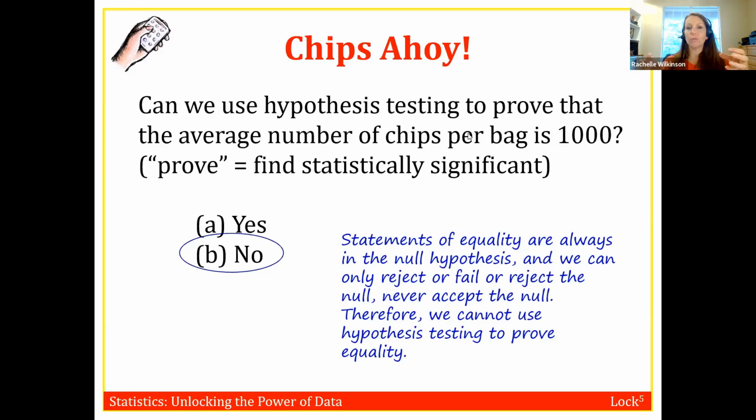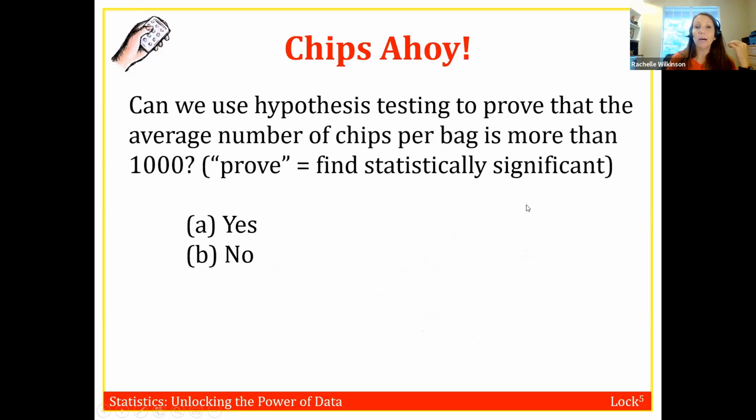We're never able to prove statements of equality. We can just disprove statements of equality. So we're not going to be able to prove that the average number of chips per bag is 1,000, but can we use hypothesis testing to prove that the average number of chips per bag is more than 1,000? All right, hooray, almost everybody got this one right.